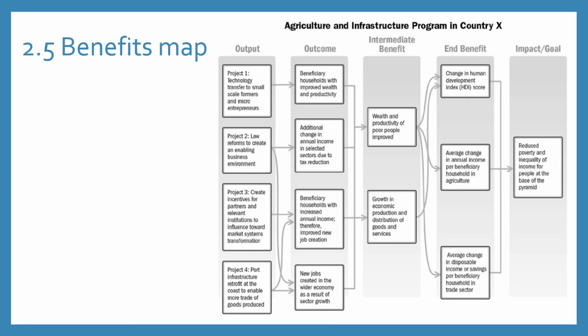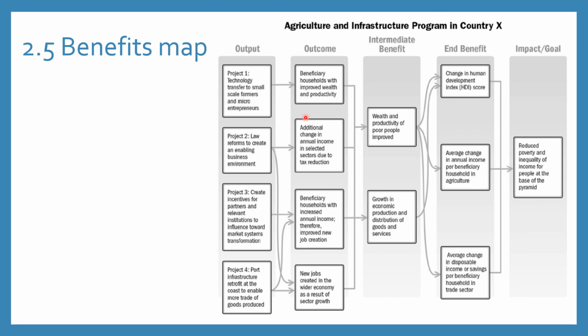The fifth BRM tool is the benefits map. So you should be able to map your output to an outcome. Here they have given an example of an infrastructure program in a country X, and how outputs and outcomes are mapped with the benefit and the strategic goal.